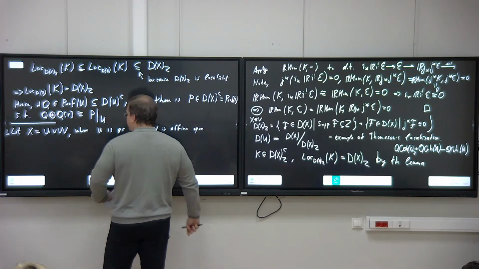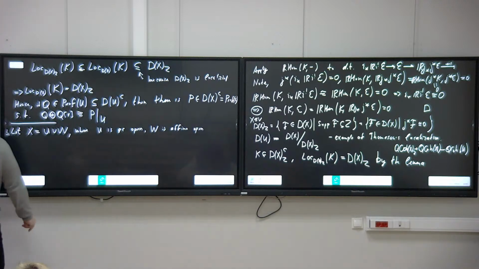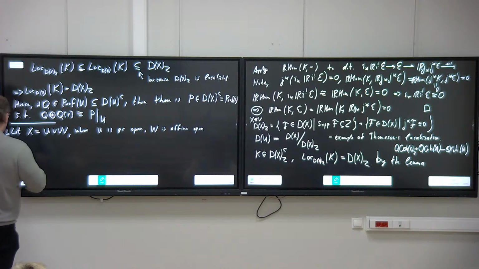This is kind of like an induction step for the construction of X. I constructed U on the previous step and then additionally added one open affine piece.